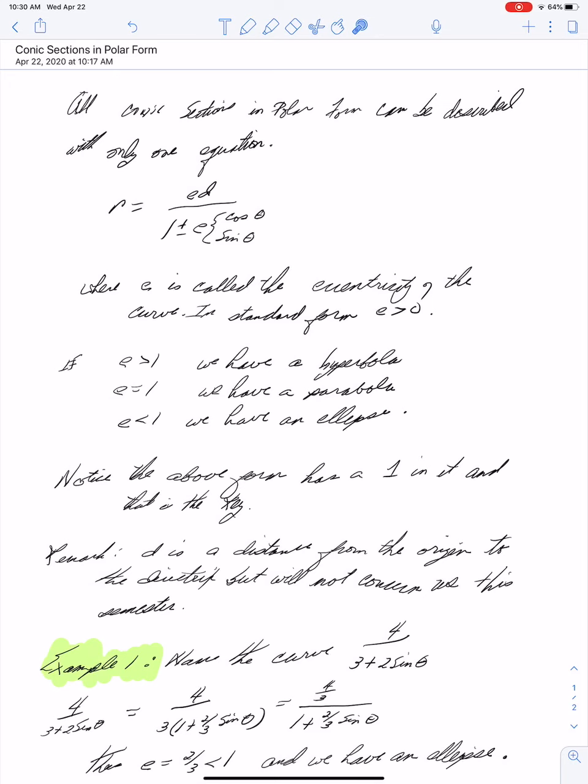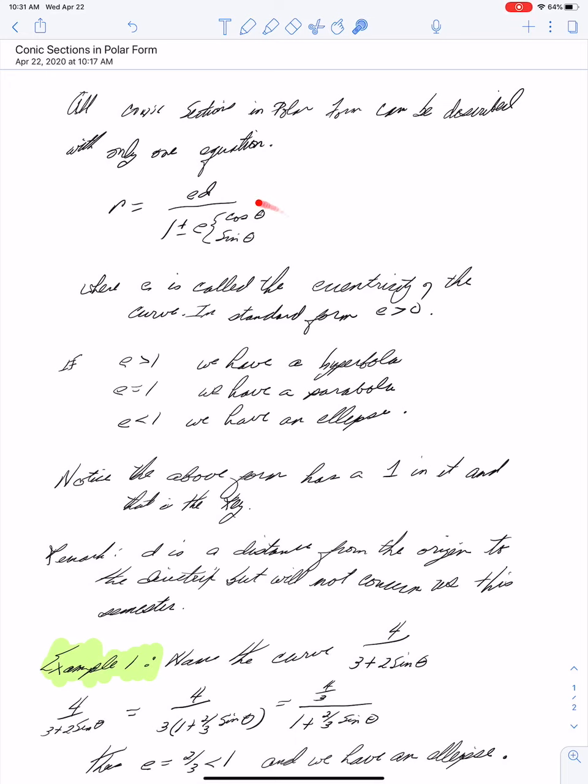Now the fact that I have a plus or minus here means that e is strictly greater than 0, because I take care of the negative by this. And e, which is strictly greater than 0, even has a name. It's called the eccentricity of the curve.